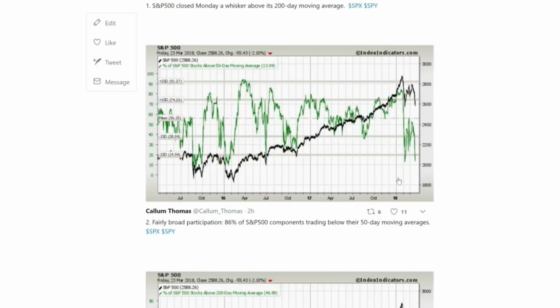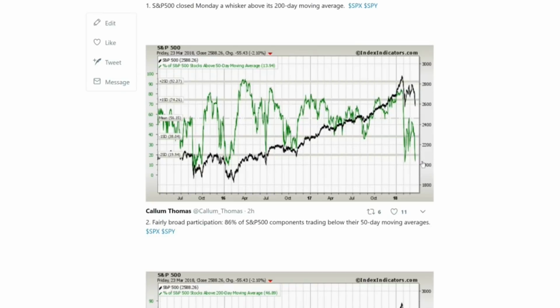If you look at the breadth for the 50-day moving average, it shows that 86% of S&P 500 companies are now trading below their 50-day moving averages. So really what that says is that the participation in this correction has been quite broad-based. It tends to make it a little bit more meaningful in that sense.